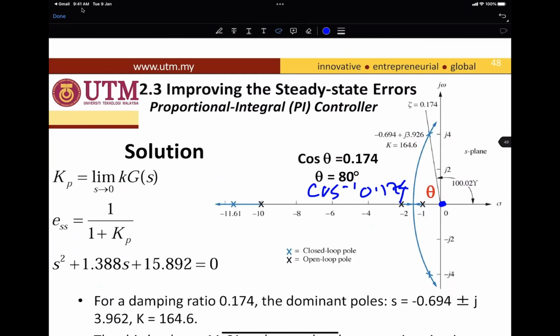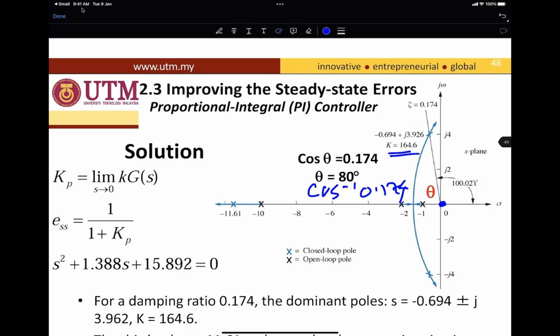Then I calculate the gain K, which is 164. The gain K can be found by using MATLAB, number 1, or number 2, by using the formula of the gain criteria.